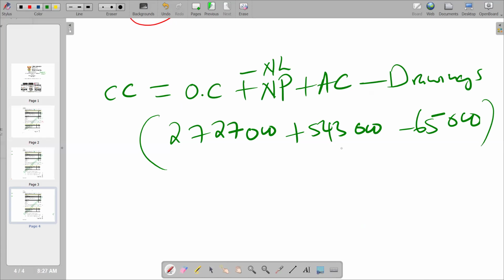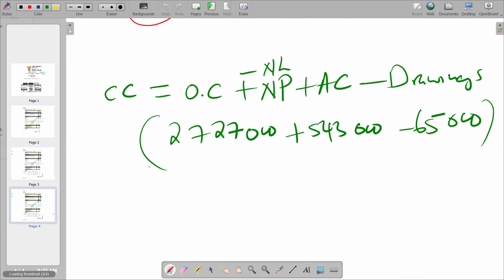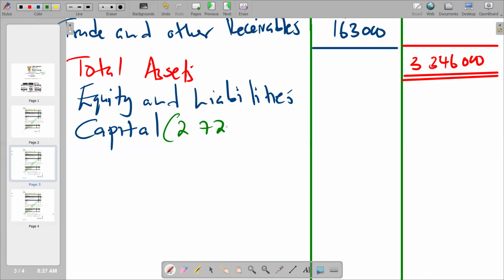So we can just summarize our working, whereby we say, according to information given, remember we said 2,727,000. We add our net profit, which is 543,000.